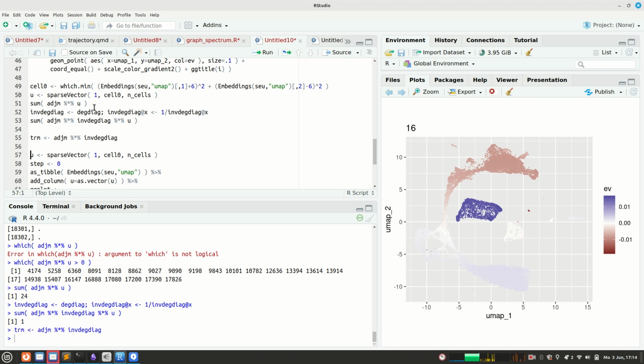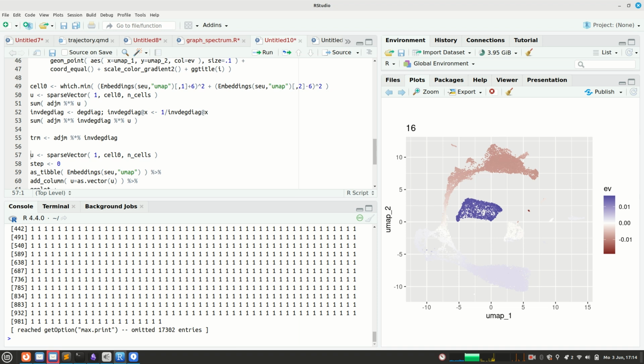So I have here my transition matrix, which is this adjacency matrix multiplied by this inverted degree diagonal matrix, and that one has now the property that it's a stochastic matrix. That means it preserves the norm. And it preserves the norm because the sum of each column is 1.